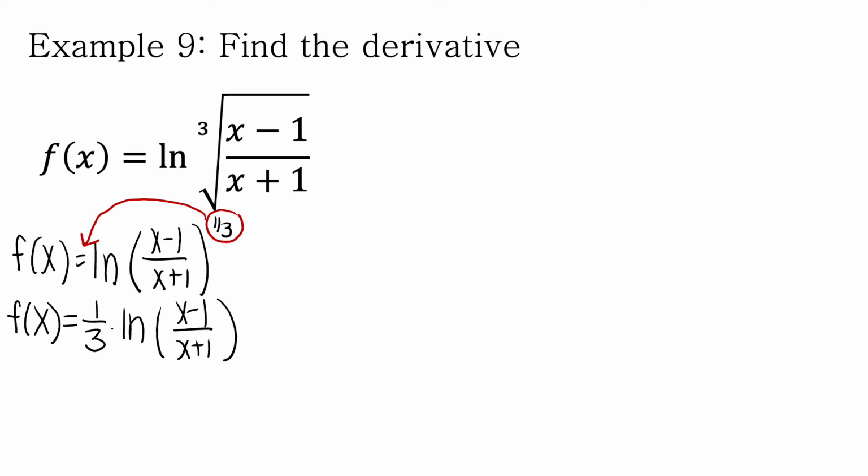Now keeping my 1/3 on the outside, inside my logarithm, I have a numerator and I have a denominator, so I can actually split that into 2 logarithms. So this is my function f of x.